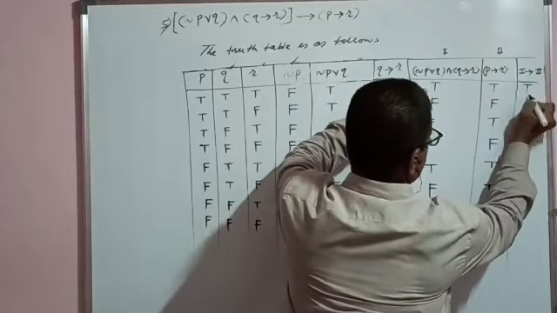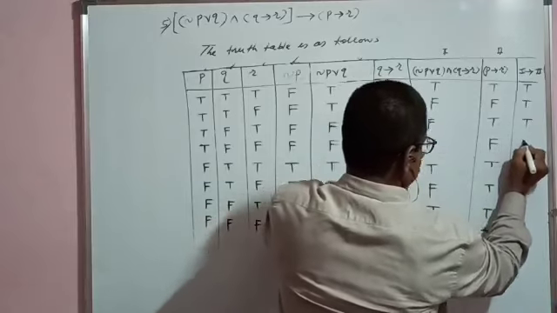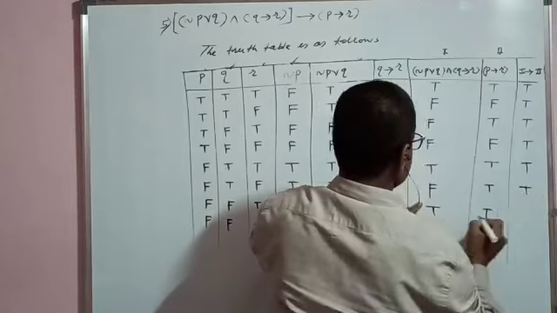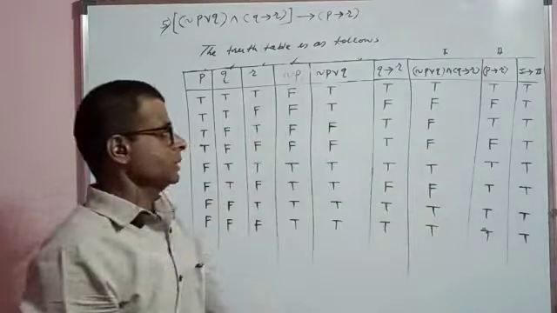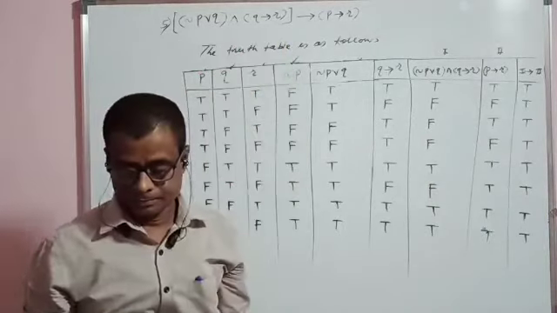So TT, it is T; FF, T; FT, T; FF, T; TT, it is T; FT, T; TT, it is T; TT, T. So this is the truth table for the given statement pattern.